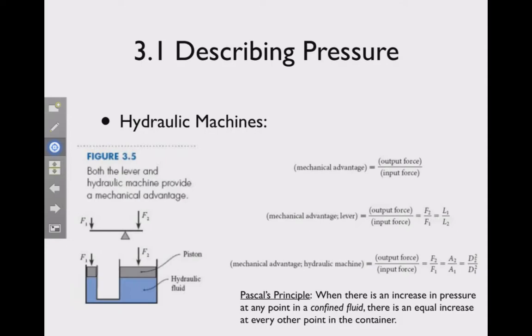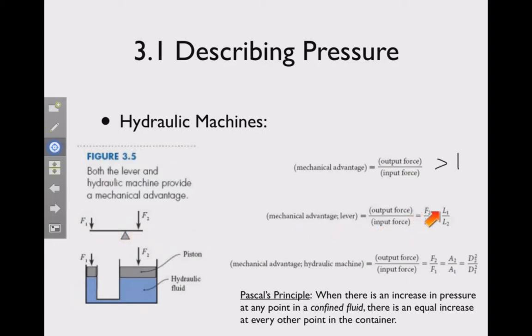So a mechanical advantage in general is defined as the output force divided by the input force, and obviously you want this to be positive and greater than 1. Otherwise you're at a mechanical disadvantage. In the case of a lever arm, the output force we're interested in is F2 at the end of this bar, and we're applying a force F1 over here at the long end.